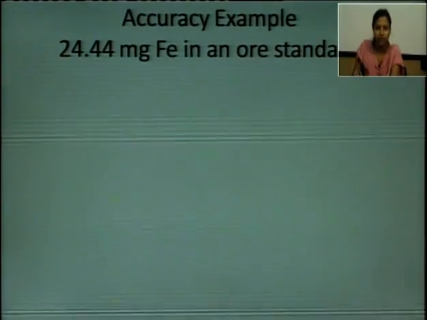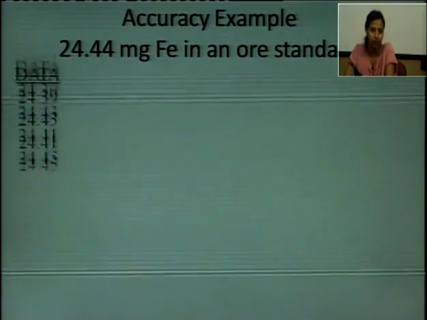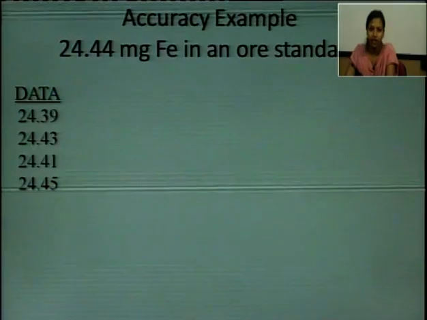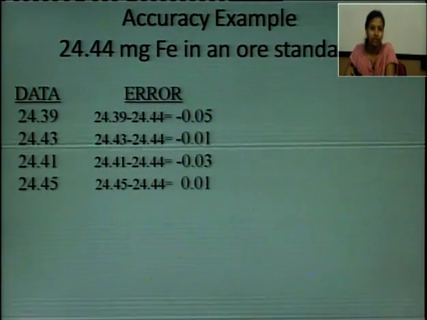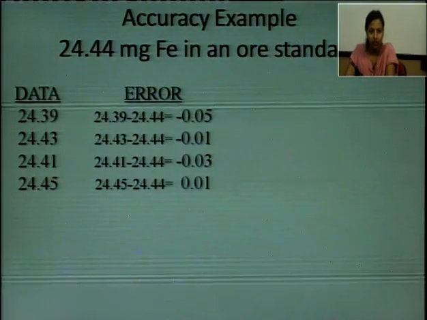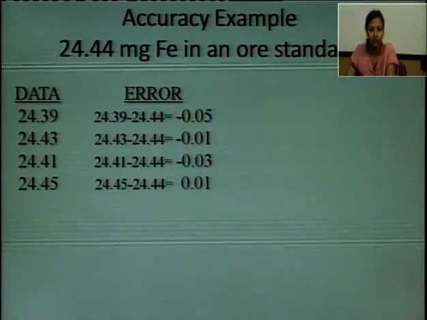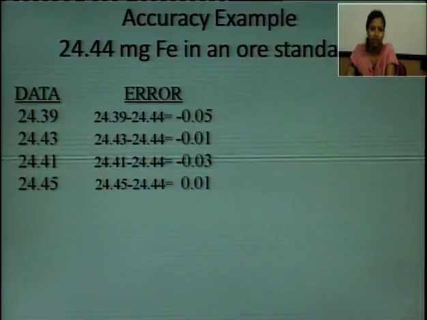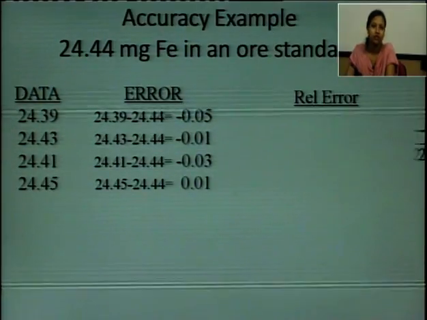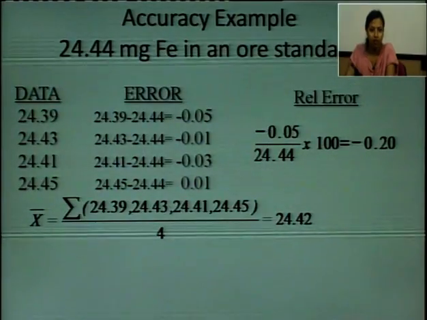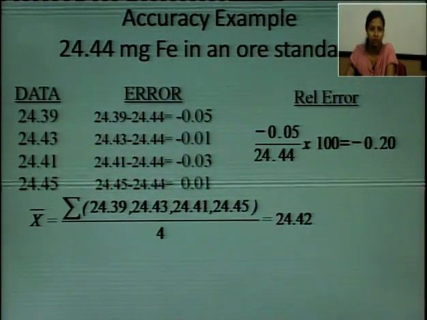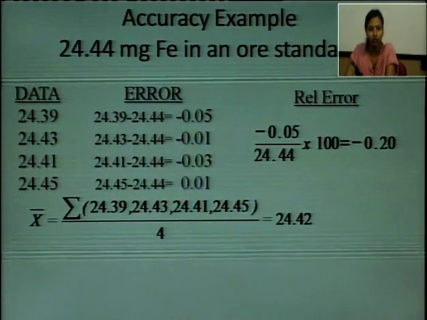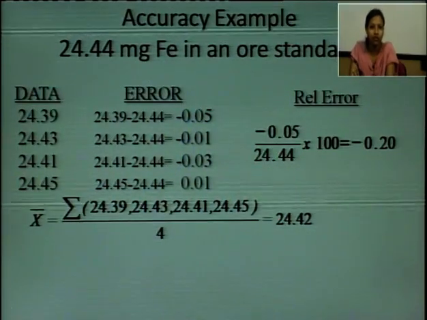So we come to the next example, the accuracy example. Suppose 24.44 milligram iron Fe is an ore standard. So the data involved here is 24.39, 24.43, 24.41, 24.45. The error in this measurement we can easily calculate by first taking the mean of all these measurements. So x bar is equal to the sum of all these measurements divided by 4, it is 24.42, while the accurate value is 24.44.